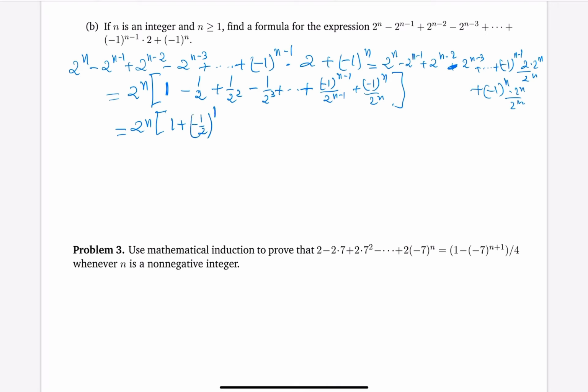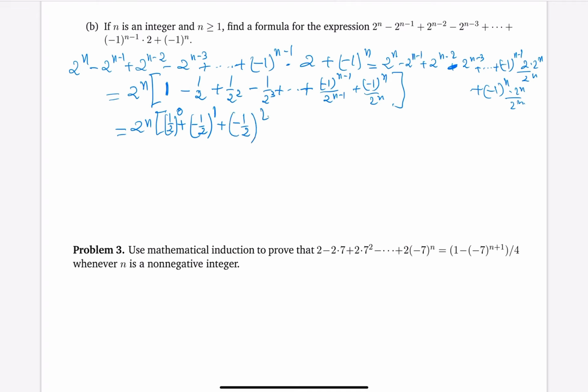Check. Because here, let me point out something. Here is just 1 over 2 to the power 0. Any number raised to power 0 equals 1. Remember that one. This one is just 1. So you keep going here. You have a negative 1 half squared.